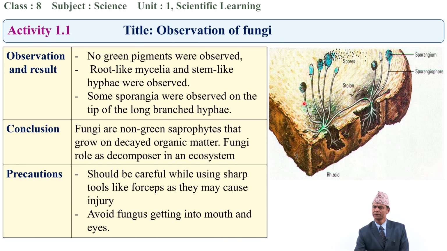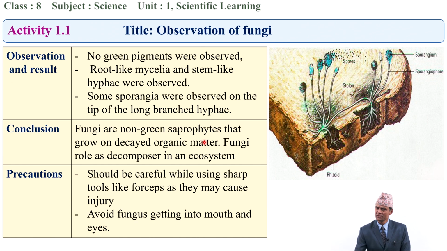Look here. At the top of this hyphae is a round-shaped organ, that is sporangia. At the tip of the branch of hyphae, on the top of the hyphae branch, there is sporangia. Dear students, now our conclusion will be like this. Fungi are non-green saprophytes.